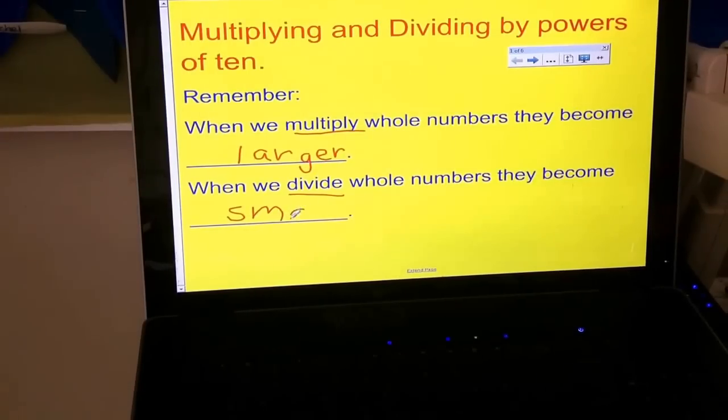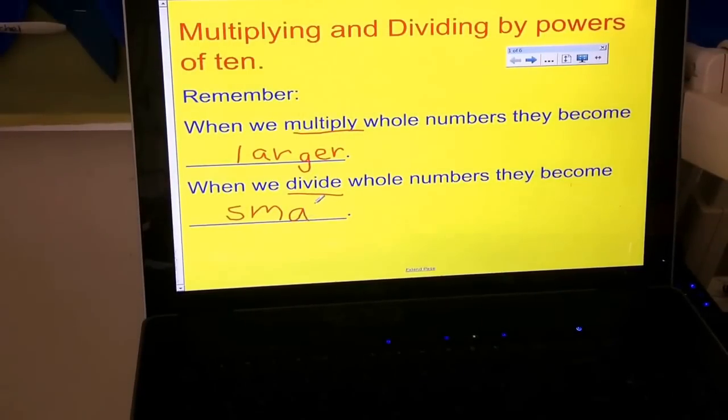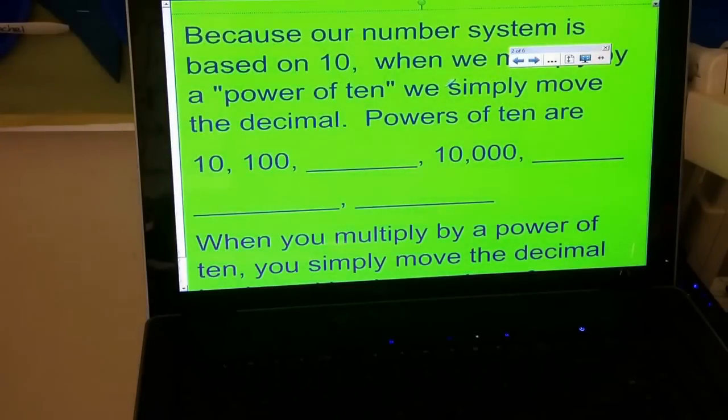So multiplying is always going to make our numbers larger, and dividing is going to make our numbers smaller. That's a good way to check our work as we move forward.